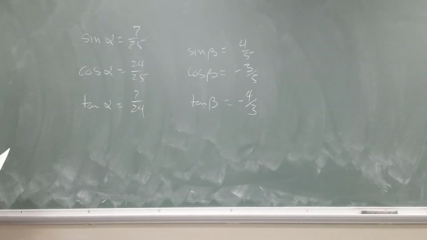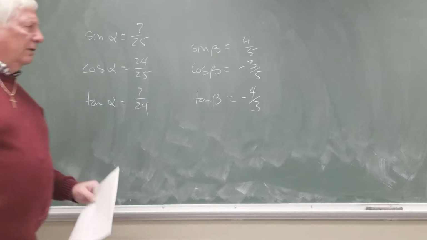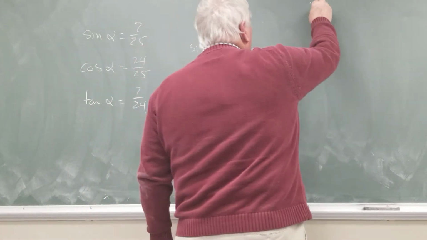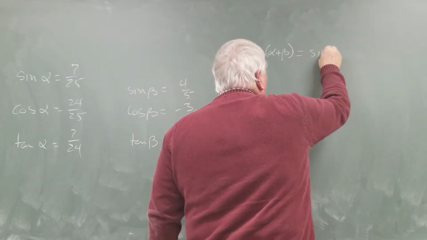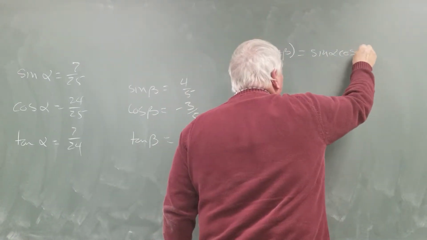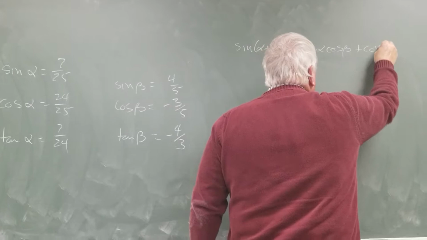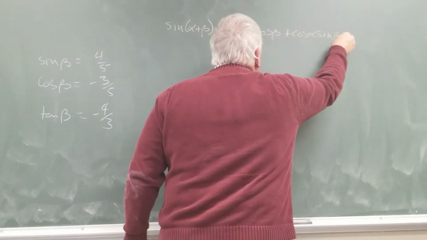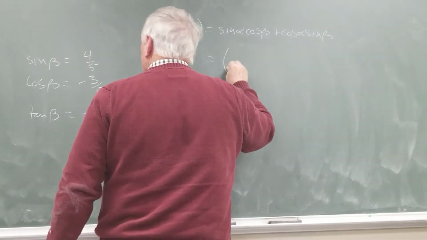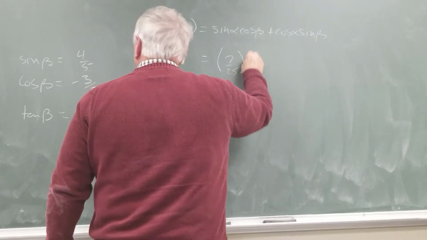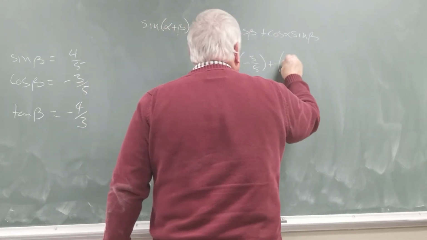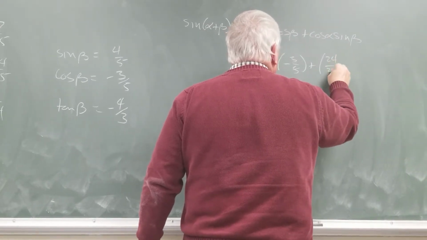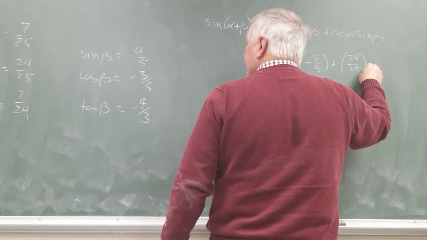From the Pythagorean relationships, first off, sine of alpha plus beta is sine alpha cosine beta plus cosine alpha sine beta. Placing these values in, 7/25 times -3/5, plus 24/25 times sine beta, what was it, 4/5.